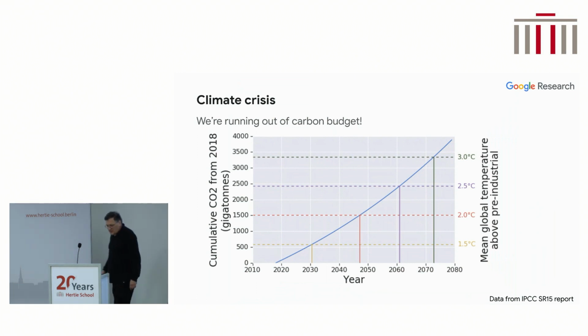Even 2 Celsius is considered dangerous, and we have to do everything we can to keep the global mean temperature below 2 Celsius above pre-industrial. We're very close. You're supposed to take a temporal average and not look at one season, but this year we may have already breached 1.5 Celsius for one year because of El Nino.